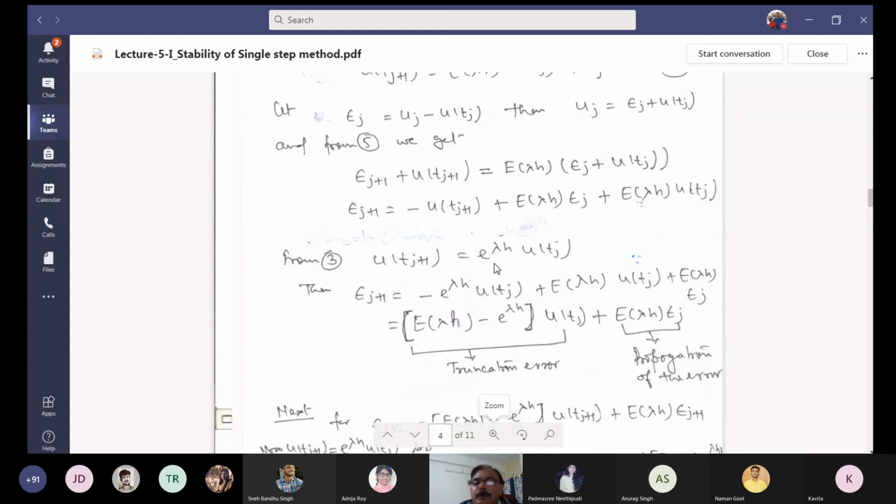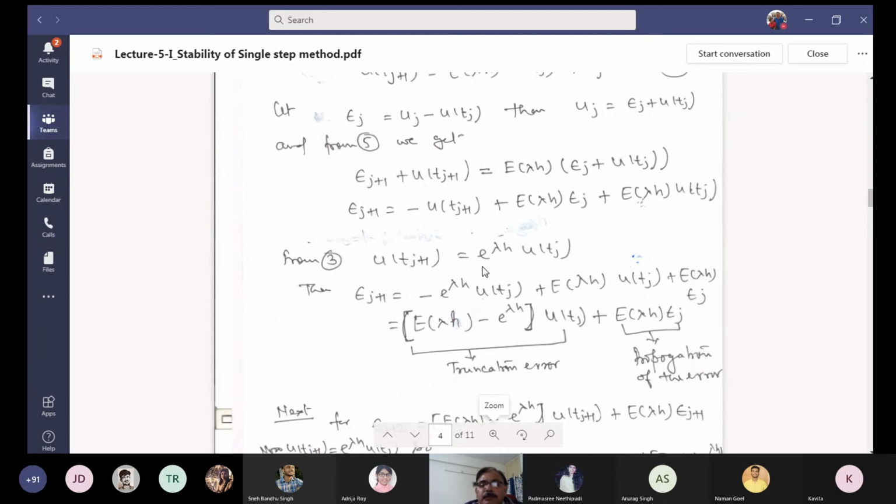This is taken from your book, but certain things may not be explained very clearly. So epsilon j plus 1, if you rewrite this, it will be minus u(tj+1) plus the remaining terms, e lambda h epsilon j plus e lambda h u(tj). And then from 3, u(tj+1) is, as you have already seen for your exact one, e to power lambda h u(tj).